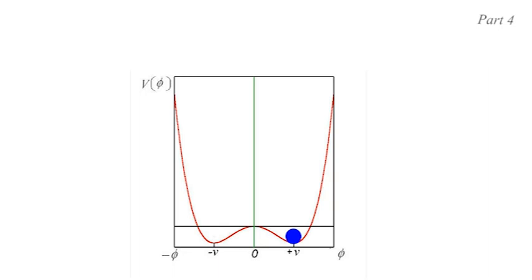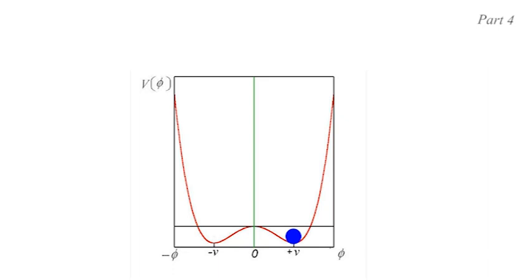It's still phi. And it has a value of plus v or minus v, I suppose. Using eta simply helped us to understand the mathematics and to interpret things. The field phi has settled at the value of plus v or minus v to give the potential its minimum.